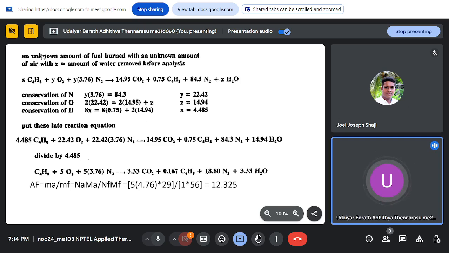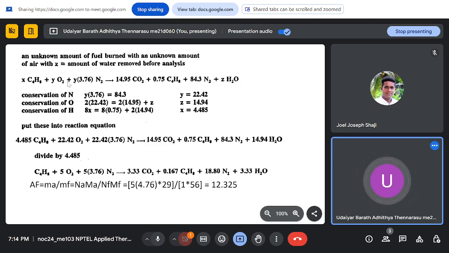So first, an unknown amount of fuel. We don't know how much fuel is burned, so we'll assume some amount, X moles of fuel, is burned with Y amount of air. This is how the expression will be. So X moles of your C4H8, which is the fuel, is burned with air.